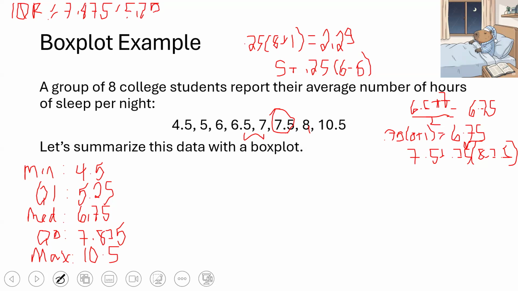So let's do that. 7.875 minus 5.25 gives us 2.625.